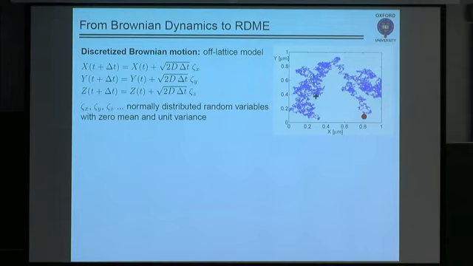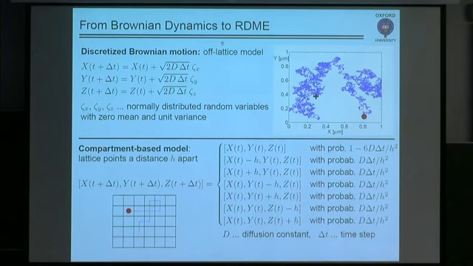And I can formulate the compartment-based approach in a very similar way if I think about what individual particles are actually doing, if I formulate it as a jump process on a lattice. I have lattice points a distance h apart, so this is my compartment size. I put these particles in the middle of these compartments, and they can jump in all 6 directions, or they can stay where they are.